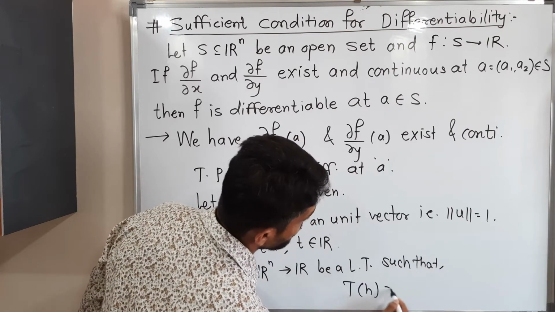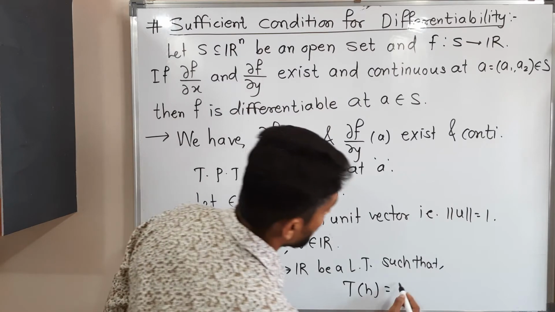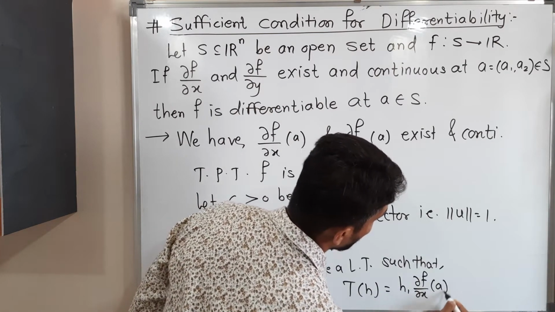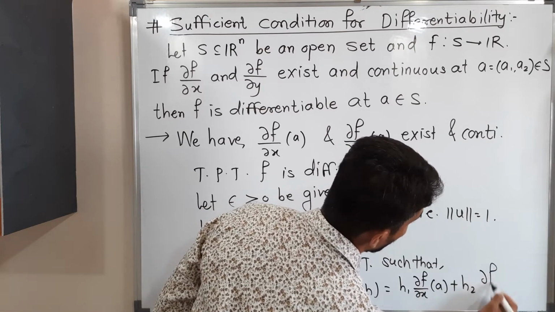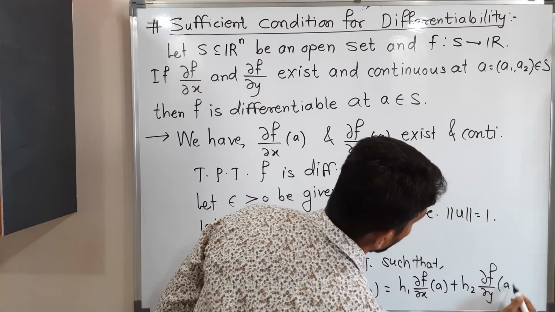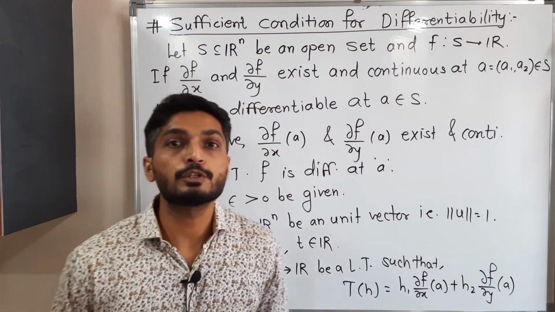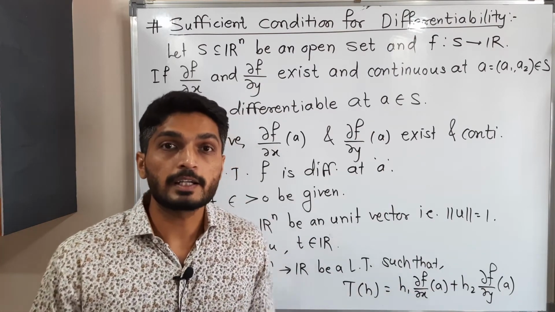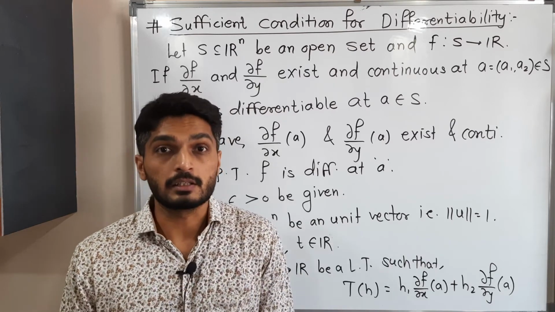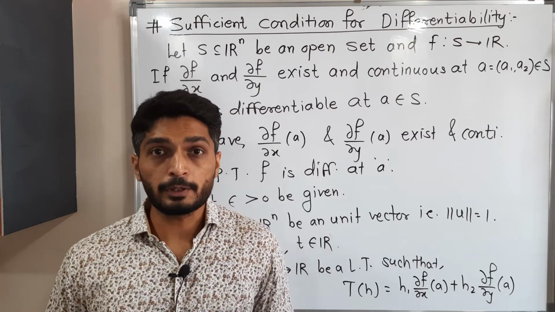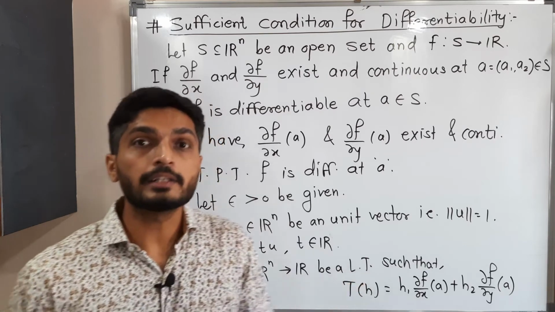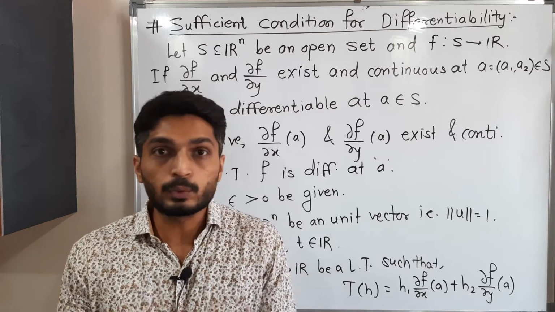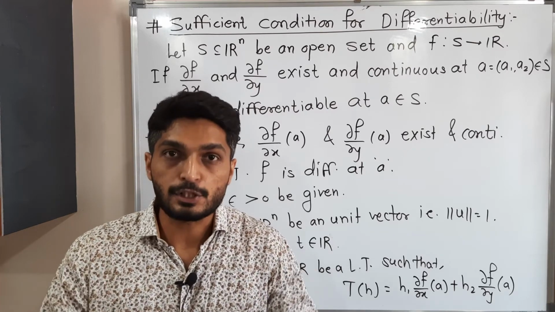T of h equals h1 times the partial derivative of f with respect to x at A plus h2 times the partial derivative of f with respect to y at A. That means with the help of the partial derivatives of f with respect to x and y, I have defined this linear transformation T. After that, we are going to prove this T is a required linear transformation, that means T is the required total derivative. If we can prove this, then we can declare f is a differentiable function.